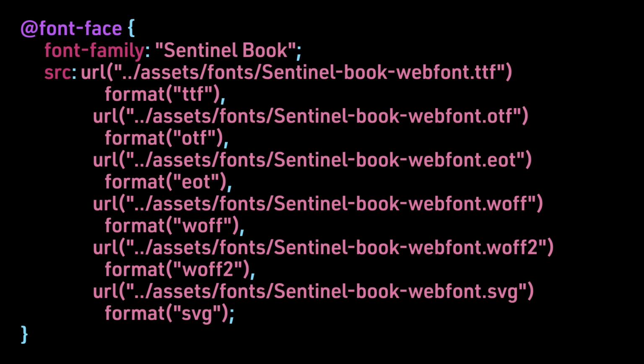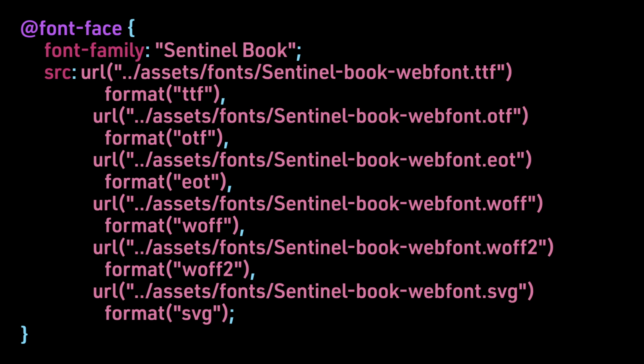In our example, we are loading the font Sentinel, which is a custom font from the former Hoefler-Frere-Jones type foundry. We are loading the book weight, and you can see we are providing several font formats: TTF, TrueType, OTF, OpenType, EOT, Embedded OpenType, WOFF, Web Open File Format, WOFF2, and SVG, Scalable Vector Graphic.